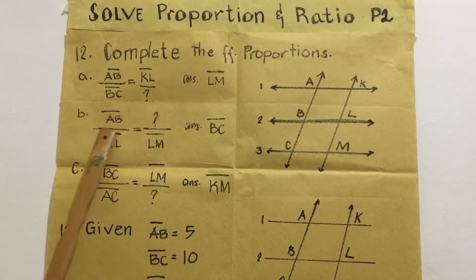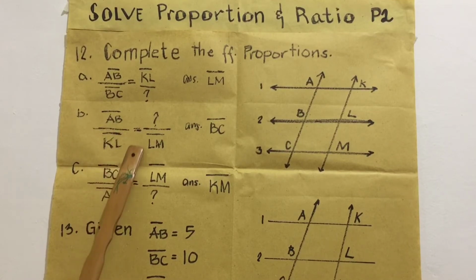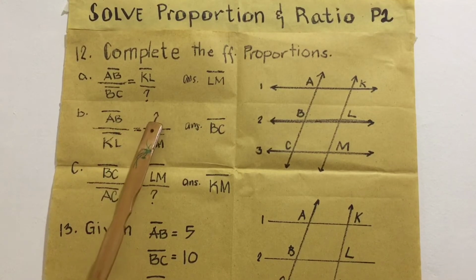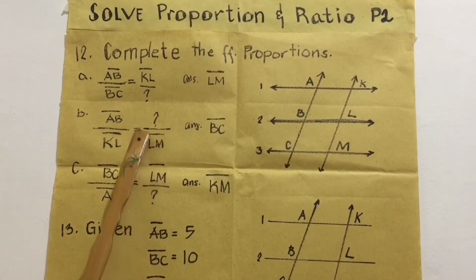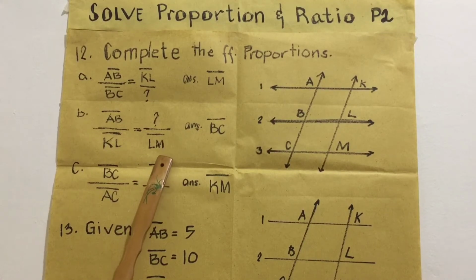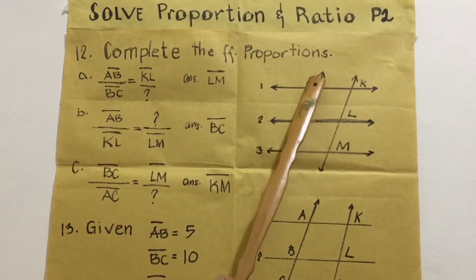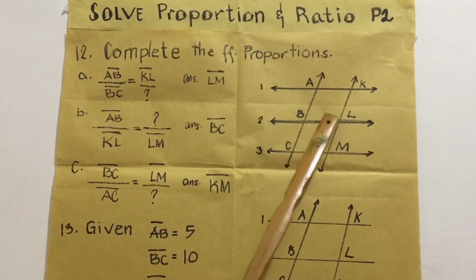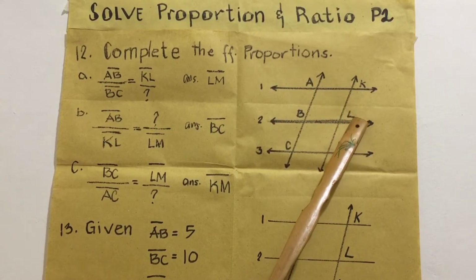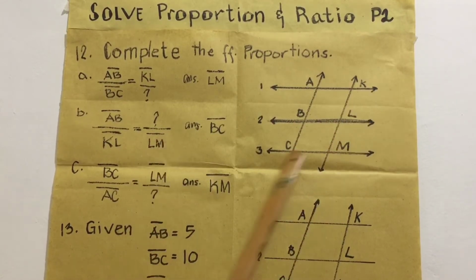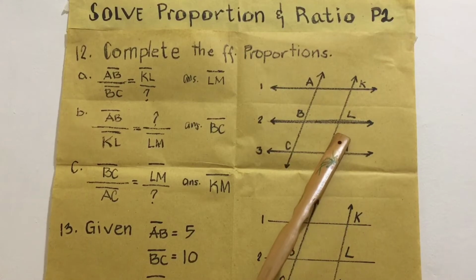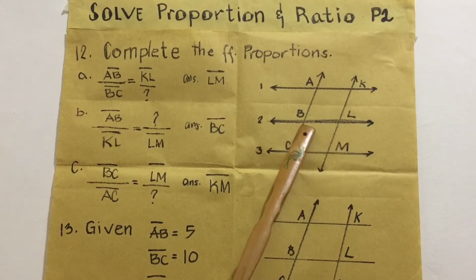Next, letter B, segment AB over segment KL is equal to the missing over segment LM. So we have to look for the given. Segment AB is equal to segment KL, and segment LM here is equal to BC.